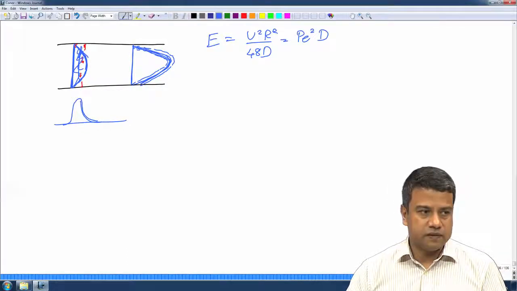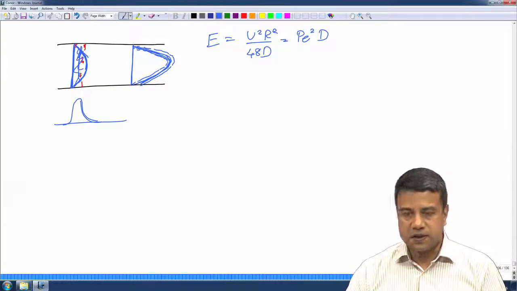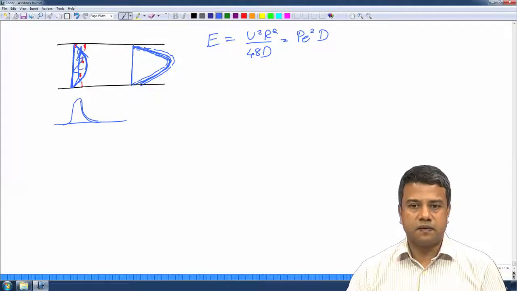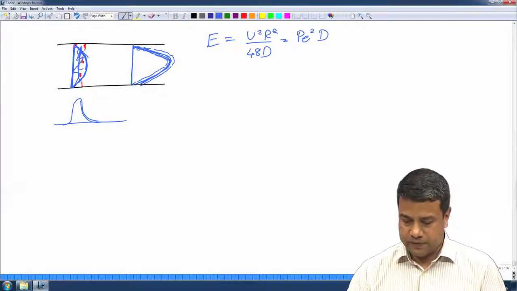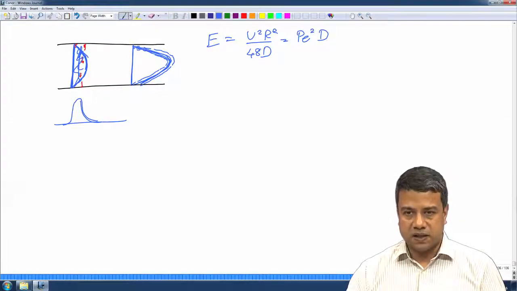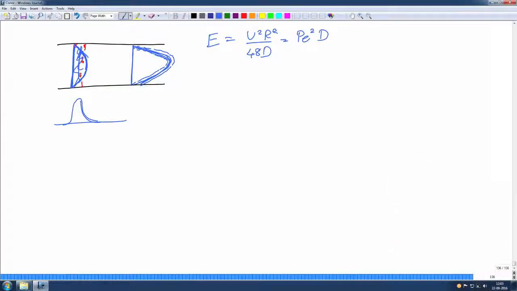These are all forced convection problems where the velocity field is specified for you and you have to solve the convection diffusion equation. In the remaining few lectures, we will look at what is called natural convection. That corresponds to, for example, convection close to heated surfaces. If I have a hot object in water or in air, the temperature in the fluid close to the object will be higher than that in the ambient fluid.